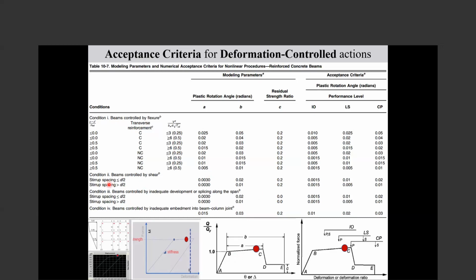I do whatever I want, and then check if the building satisfies the performance level. It's okay. We want the performance level, and no building element passes the acceptance criteria. So we do.